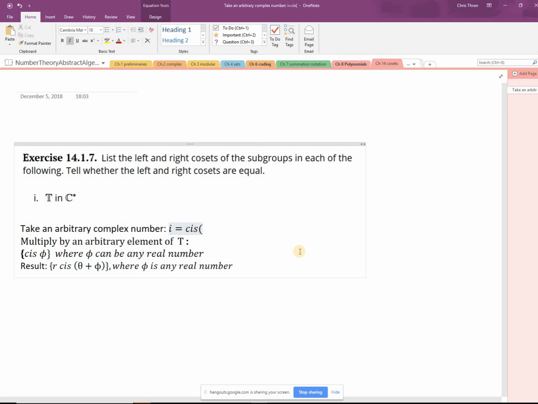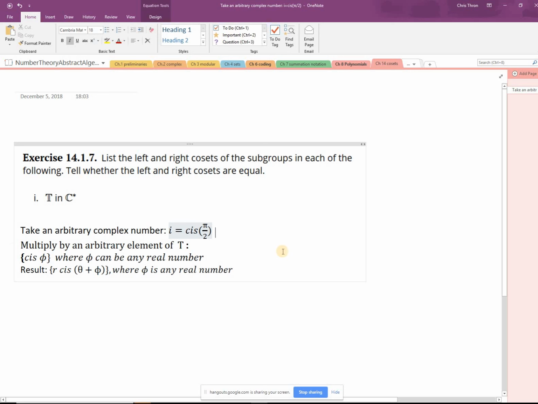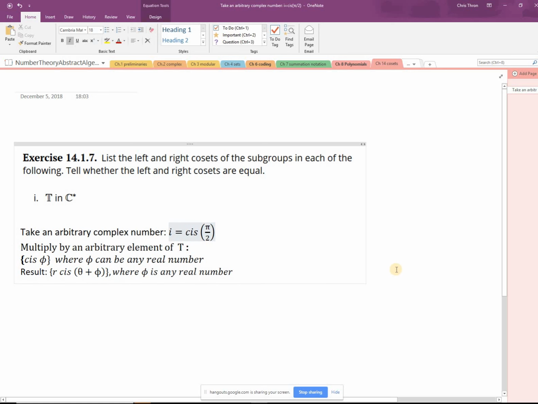I mean, think about the unit circle. Yeah, pi over 2. That's how far you go around the circle to get to i, right? You start at 0 and go around to pi over 2.